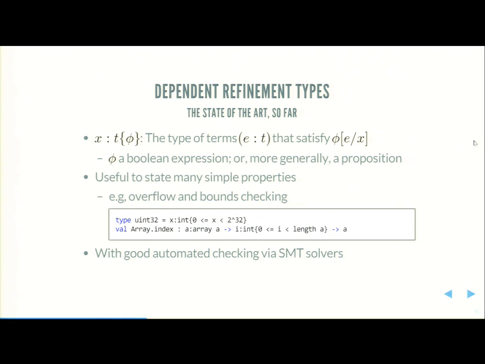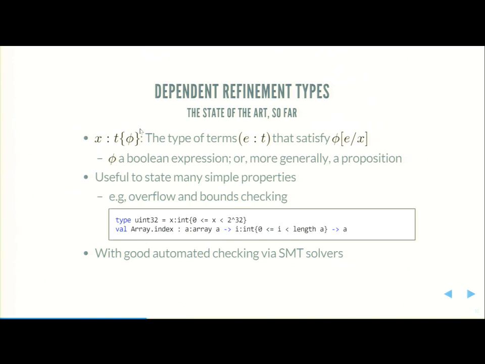So, dependent refinement types. There have been many systems that provide dependent refinement types, the predecessors of F-star being some of them, but also things like liquid types, and maybe some things like what Michael was talking about earlier with manifest contracts. In general, the way these things work is that you have a type, and people write it differently.